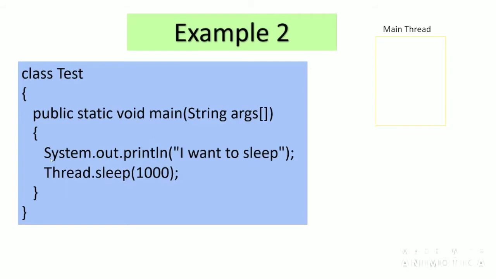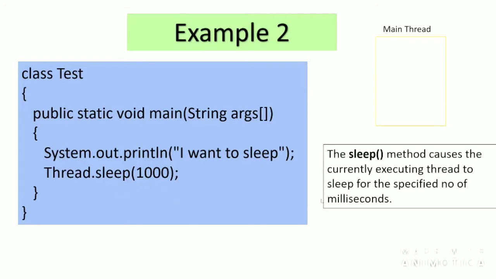We have defined two statements. First is System.out.println("I want to sleep"), so I want this statement to be displayed on the console. After this, Thread.sleep method. Sleep is a method which is predefined in the Thread class, so we are calling the sleep method. What is the function of the sleep method?